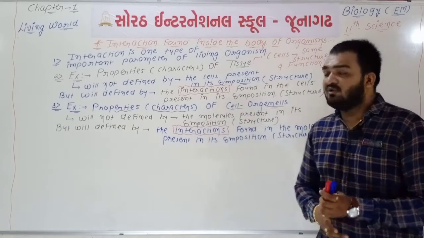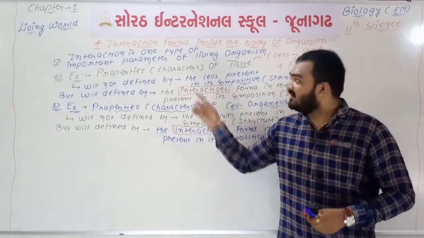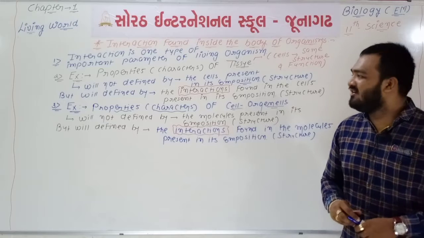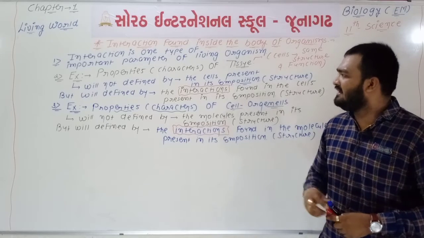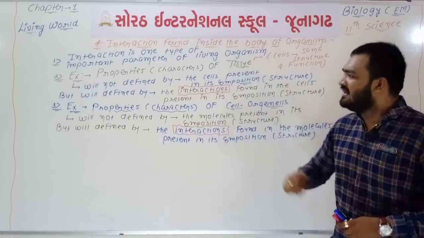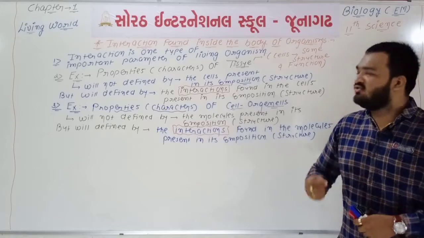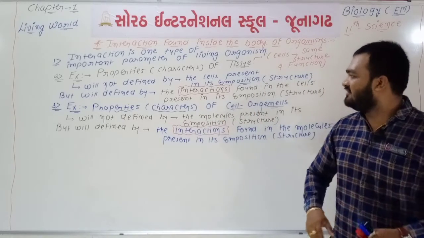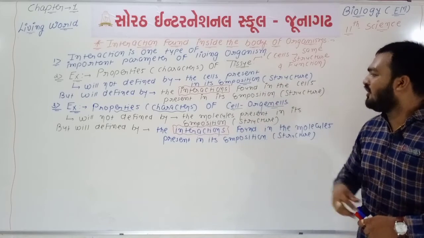Again, we are going to revise the first 3 points. In the first point we can say that interaction is one type of important parameter of all living organisms. In point number 2, if we want to know the properties or characters of tissue, then it will not be defined by the cells present in the tissue's composition, but by the interactions found in the cells which are present in the composition of tissue.